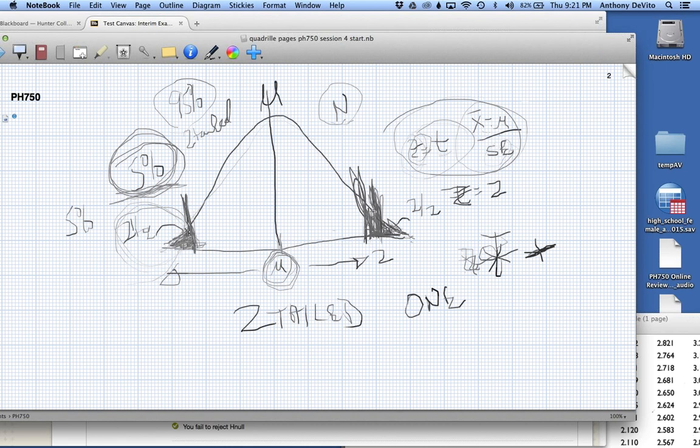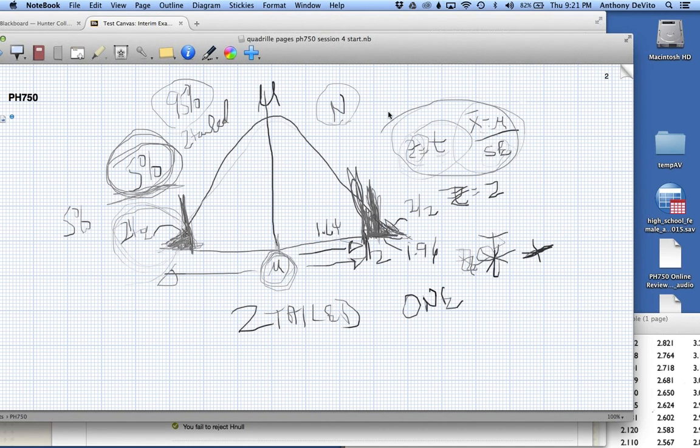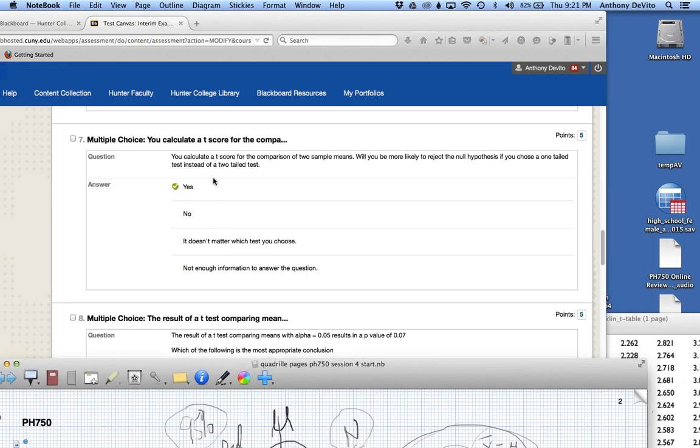And if I put all 5% on one side, now my critical value of t doesn't have to be as big. In fact, all it has to be is 1.64 instead of 1.96. Okay, that's why the answer to that question would be yes.